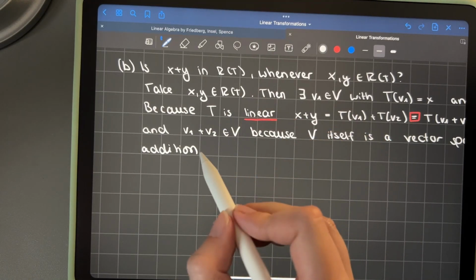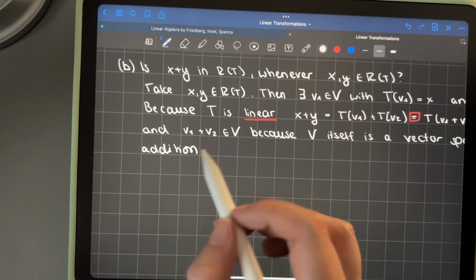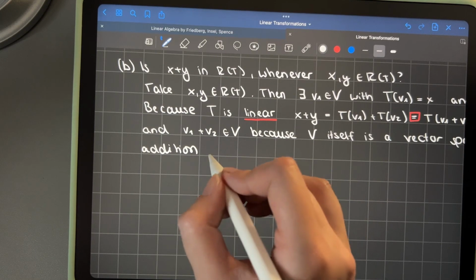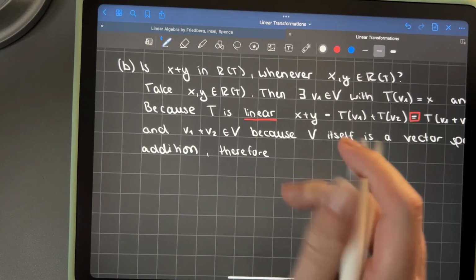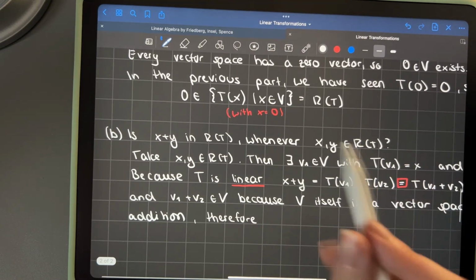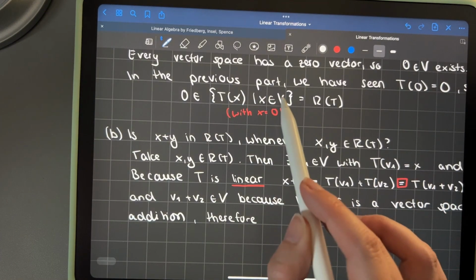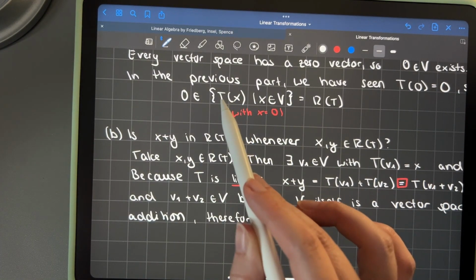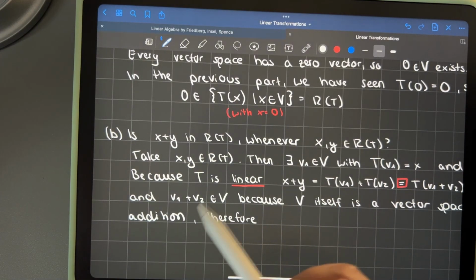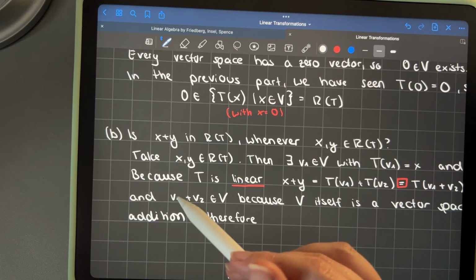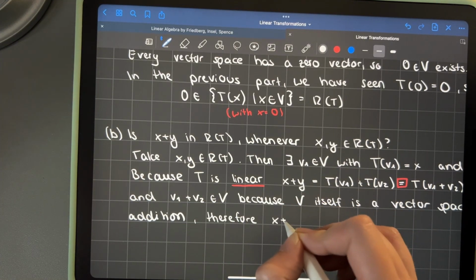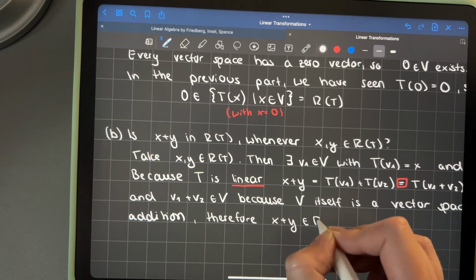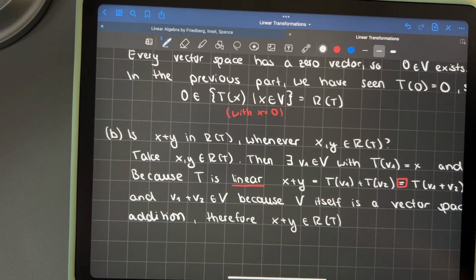That's one of the properties of a vector space. And therefore there exists an entry in V that maps to x plus y, and this entry is precisely v1 plus v2. So x plus y is in the image.